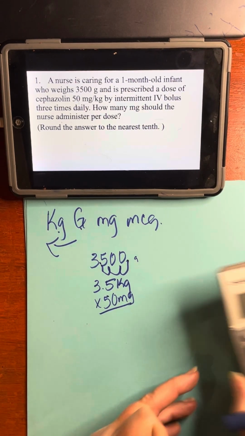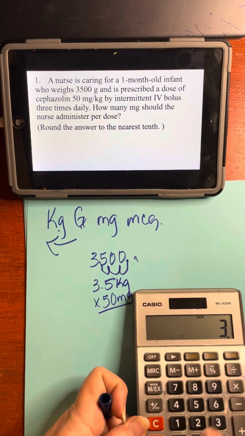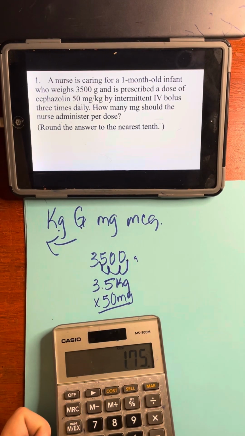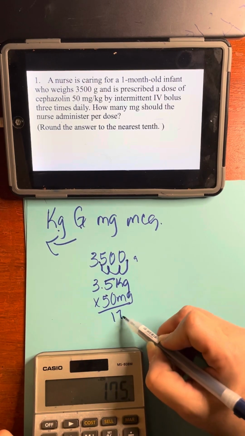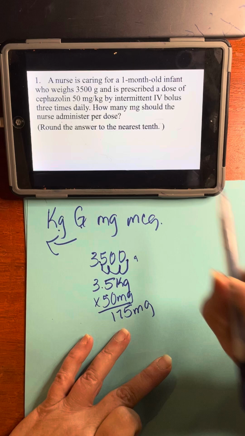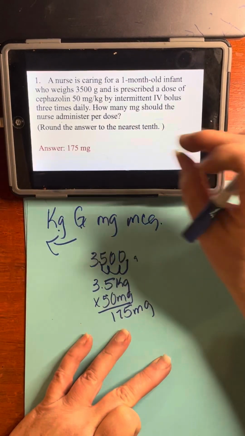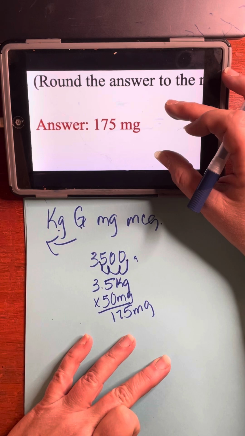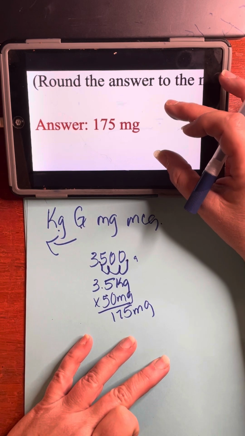Get your handy dandy calculator. 3.5 times 50 is going to be 175 milligrams. And it said how many milligrams. So we're going to tell Ethel, put your glasses on, because boom, we saved another one.